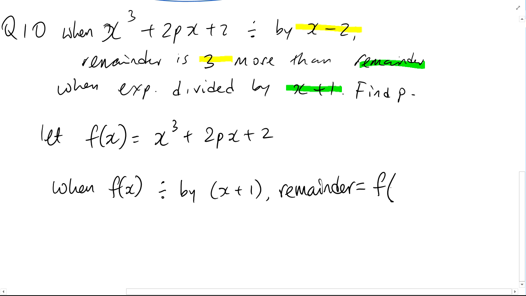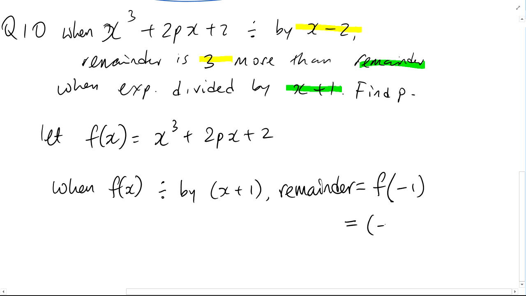Remainder theorem. Your test tomorrow. F of -1, right? This is our remainder theorem. Okay, this one, very basic. So straight away I can get a remainder.